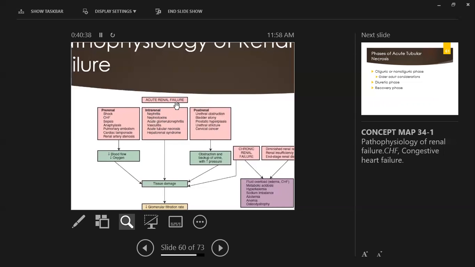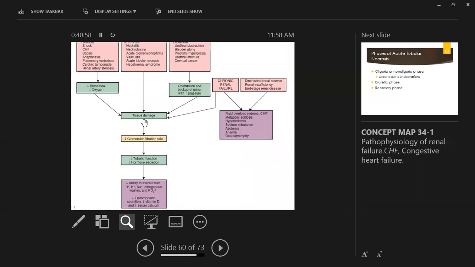So acute renal failure, pre-renal or before you get to the kidney, can be caused by shock, CHF, sepsis, anaphylaxis, pulmonary embolism, cardiac tamponade, or renal artery stenosis. So what is happening? There's not enough blood flow to the kidney and therefore not enough oxygen. And this ischemia is going to cause tissue damage. Tissue damage is going to result in a decreased glomerular filtration rate or kidney functioning.